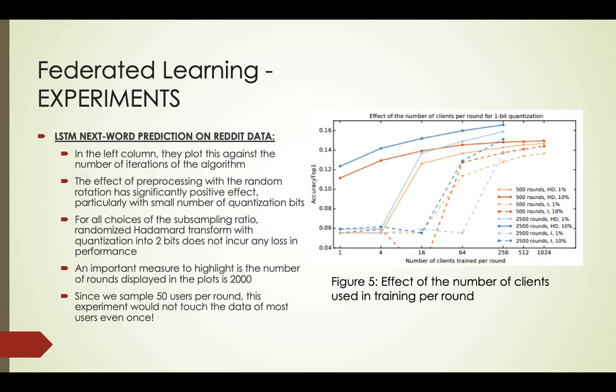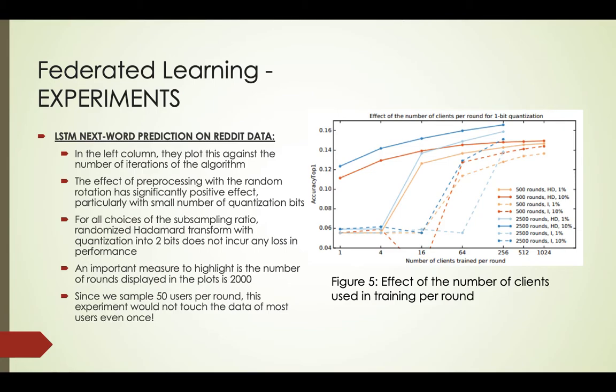This is figure 5. The effect of pre-processing with the random rotation has a significantly positive effect, particularly with a small number of quantization bits. For all choices of the subsampling ratio, randomized Hadamard transform with quantization into 2 bits doesn't incur any loss in performance.